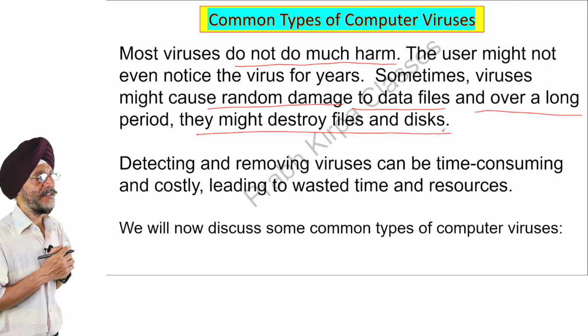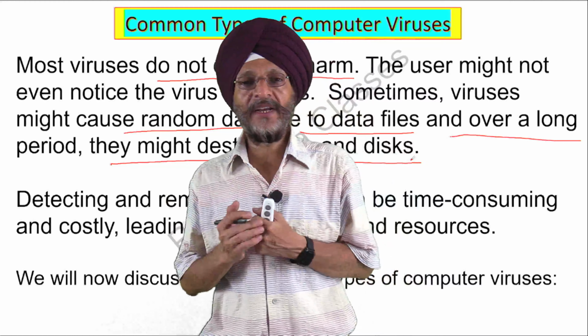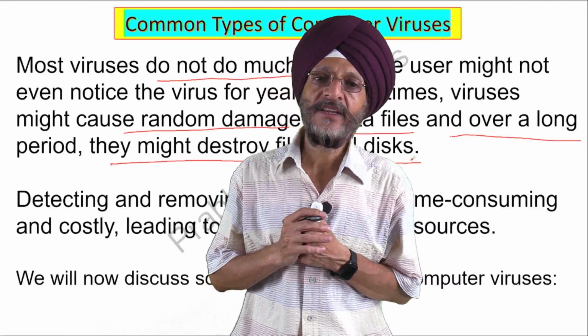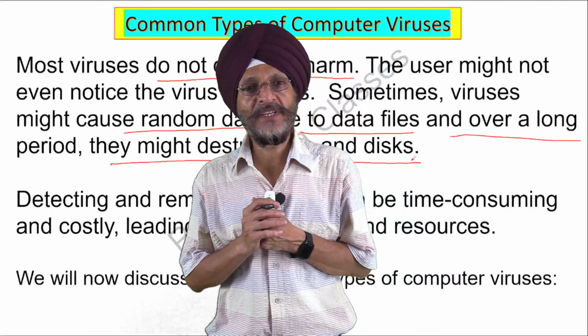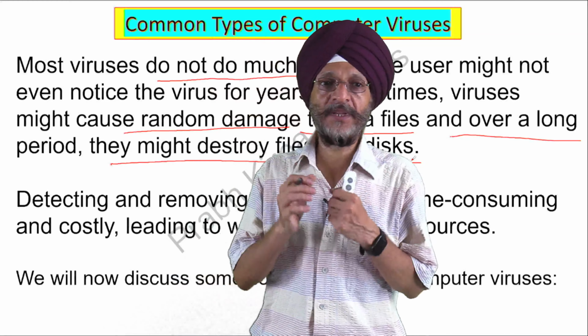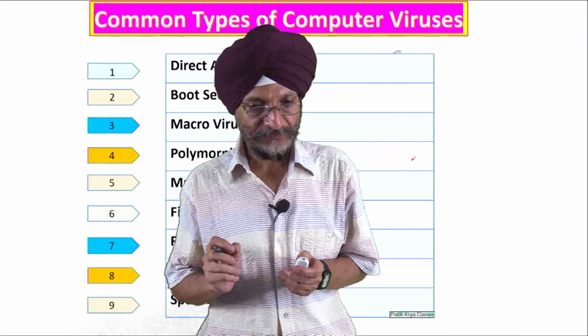Detecting these viruses and removing them can be a very time consuming and costly affair, and it leads to wastage of time and resources. We will now discuss briefly some common types of computer viruses.